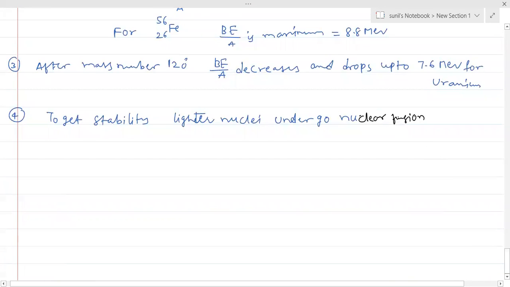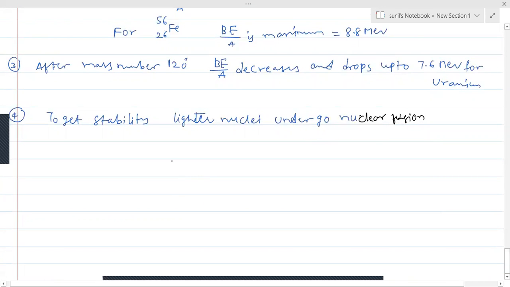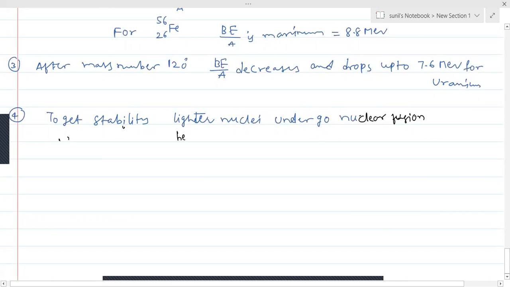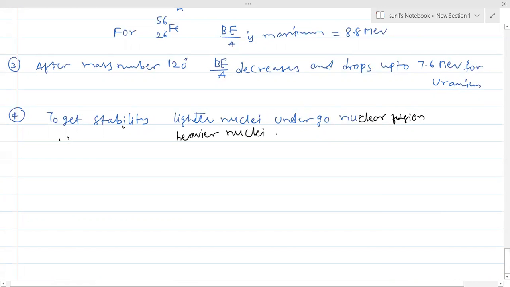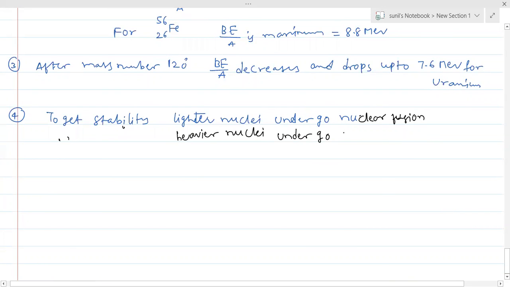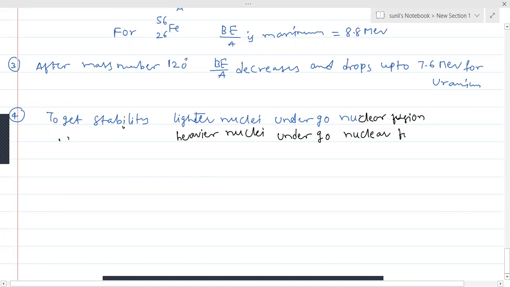Lighter nuclei undergo nuclear fusion to get stability, and heavier nuclei undergo nuclear fission.